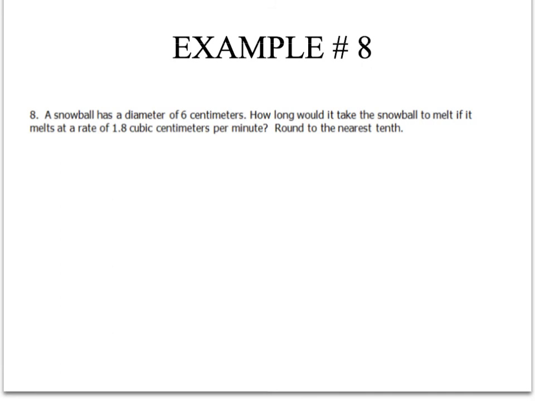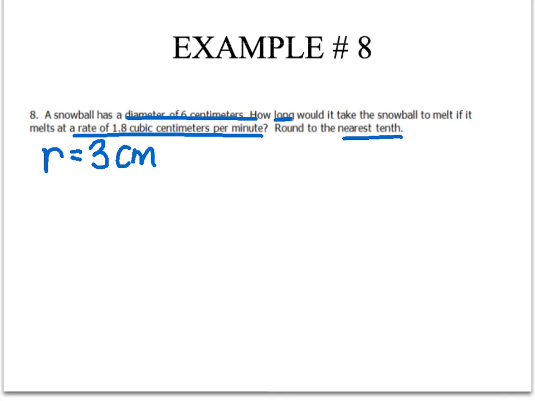Last example on these notes says number 8, a snowball has a diameter of 6 centimeters, so it has a radius of 3 centimeters. Again, how long will it take the snowball to melt? If it melts at a rate of 1.8 cubic centimeters per minute, round to the nearest tenth.